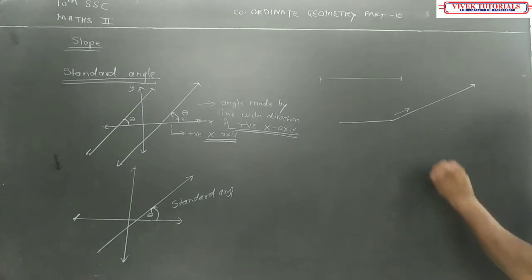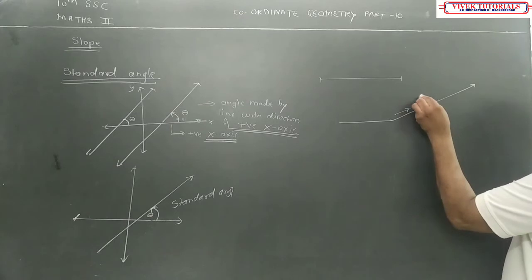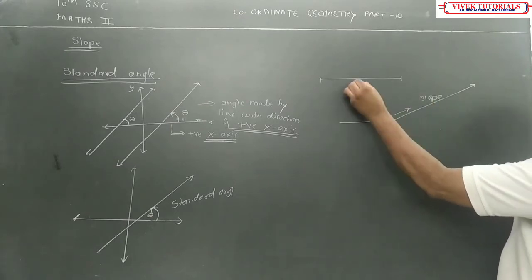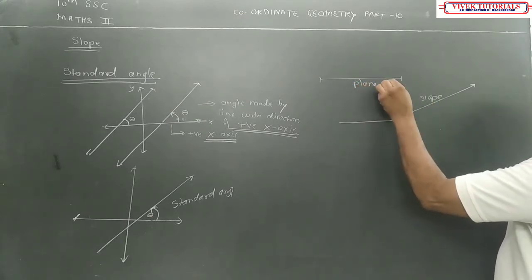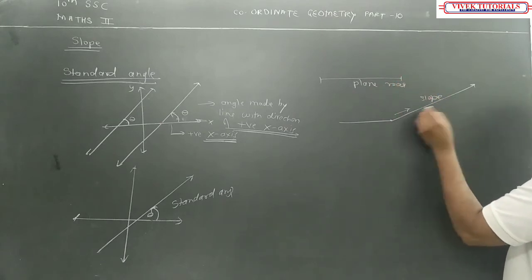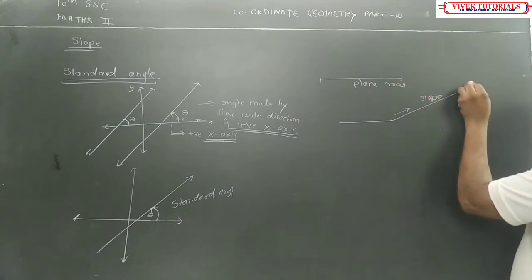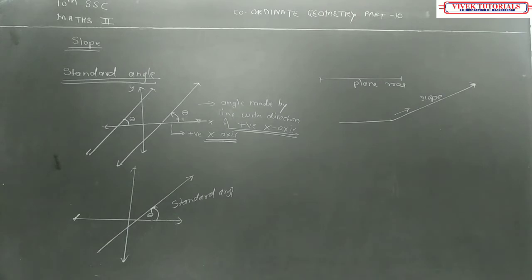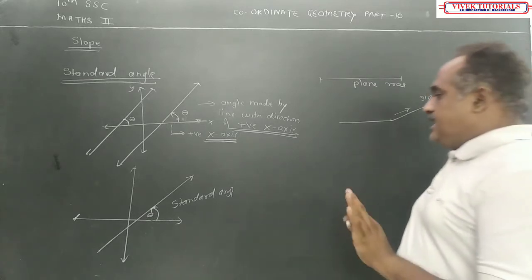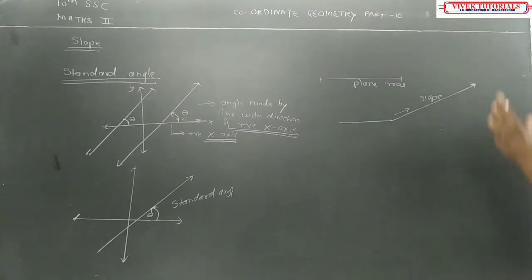So this part is a slope, and this one is a plain road. A slopey road we can see. When you are moving up, we have to put in more effort. You got it now? Have you understood this? Now, we have to consider both these concepts.